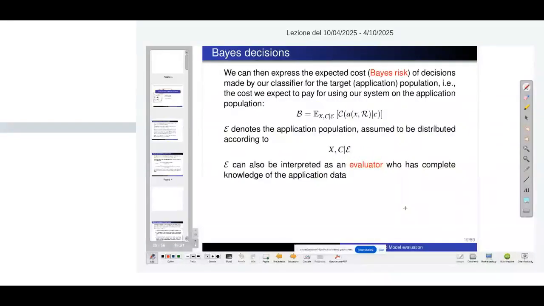Now, how do we measure how good our classifier is? We have a classifier, and if the sample is X, then the classifier will predict A of X given R, and the cost will be the cost of the action given the class.